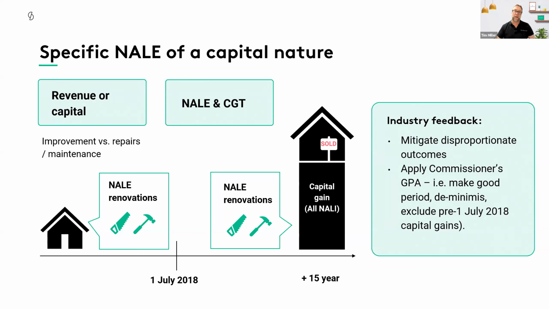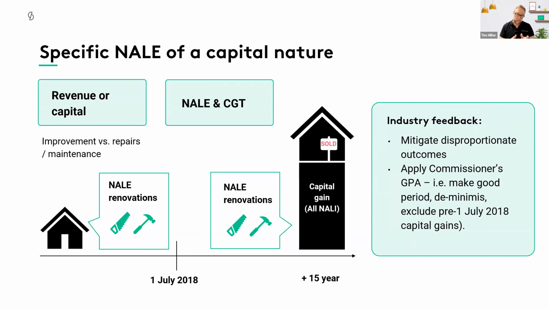So, if you do all the hard work in theory to plan out the fund through to retirement, you hold the assets through to beyond age 60 with the goal of selling down the assets in retirement and not paying any tax, the non-arm's length nature of certain transactions could just unwind all of that work from a pure taxation point of view, and you can lose all the benefits of the ECPI.